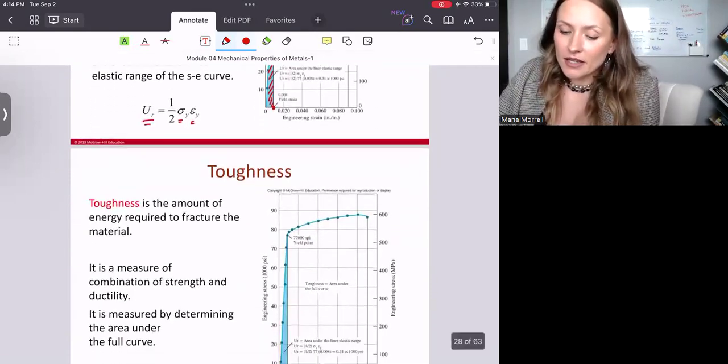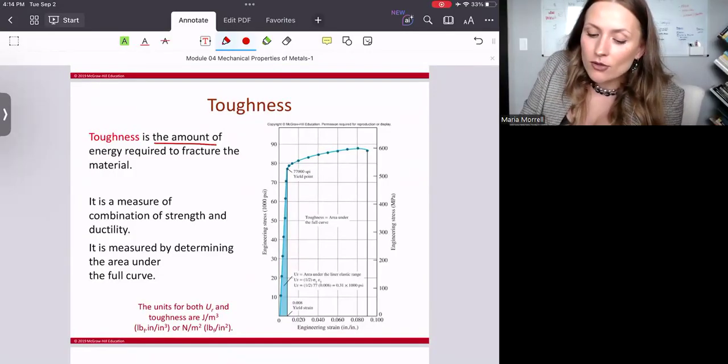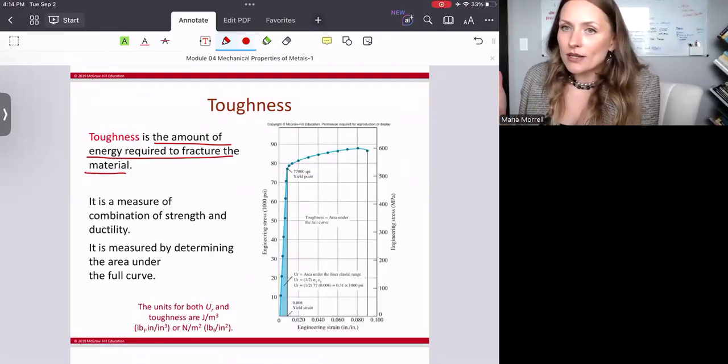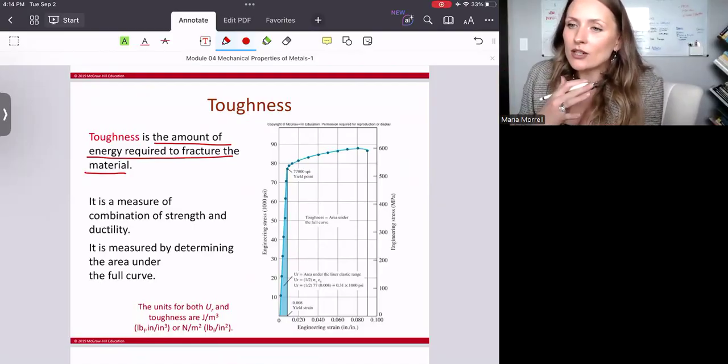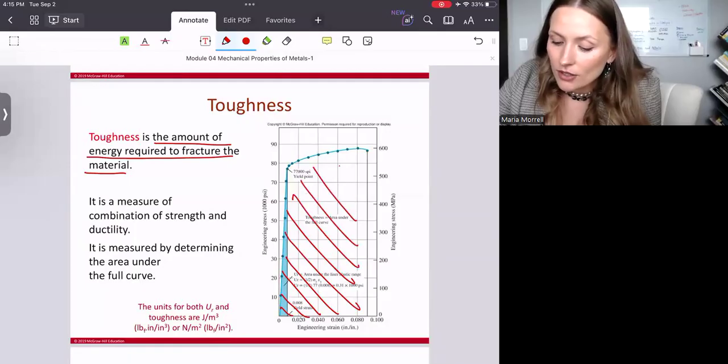And then the last thing is toughness. Toughness is the amount of energy required to fracture the material. So if you go by the definition, if that's the energy required to fracture the entire material, that is going to be the area, right? The total area under the curve, right?